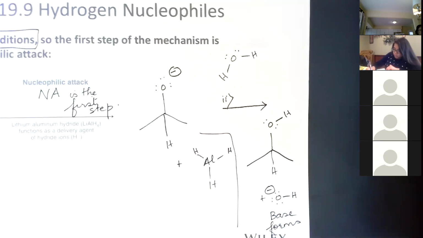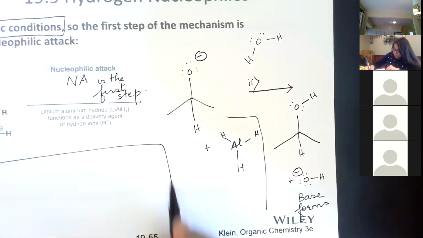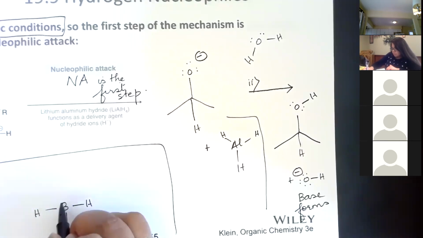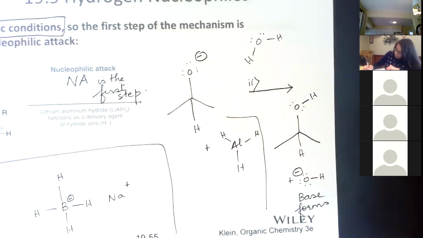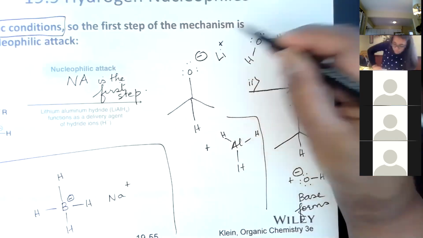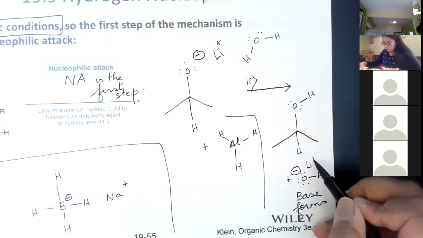Now, you should be able to do the same thing with NaBH4. With LAH, you have lithium plus. Wherever there's a negative charge, you put the plus around it.